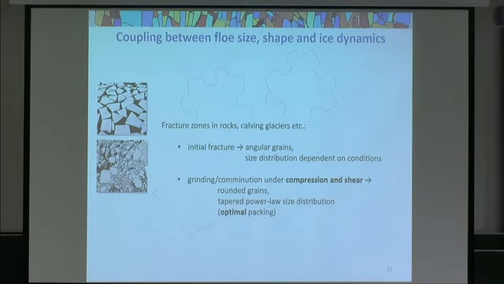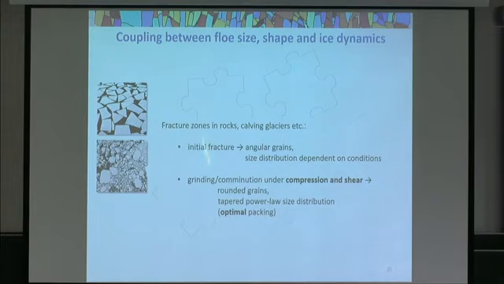So back to this puzzle from which I began. This is an idea which is well developed in studies of fracture zones in rocks or calving glaciers. I think it could have some significance for sea ice as well. To summarize it somehow, the first point is that during initial fracture, angular grains are produced, and their size distribution very strongly depends on the conditions under which this fracture happens.